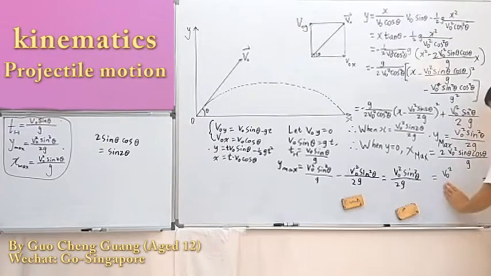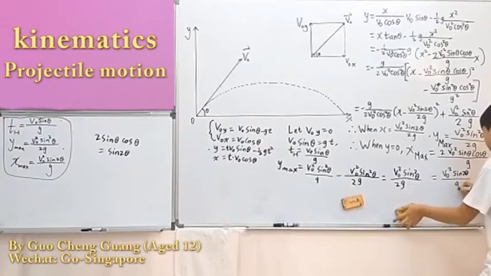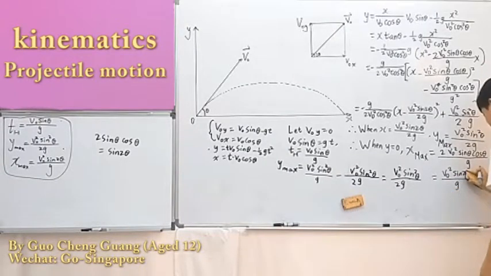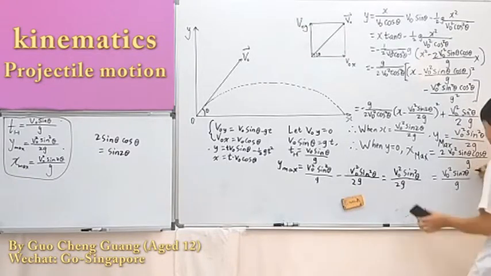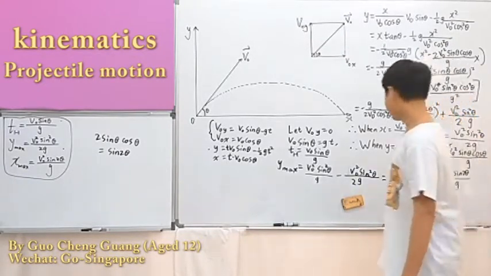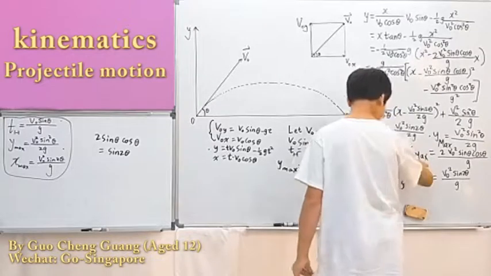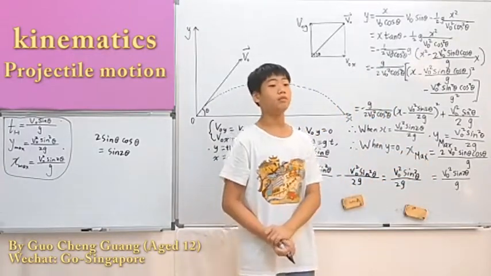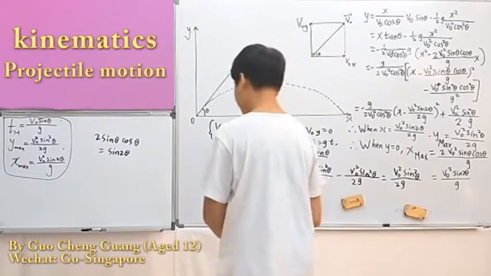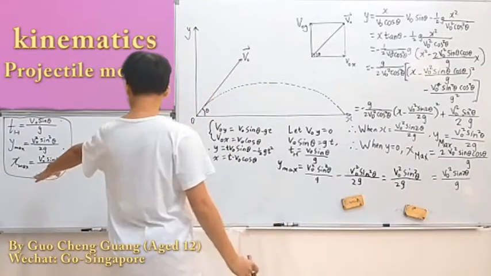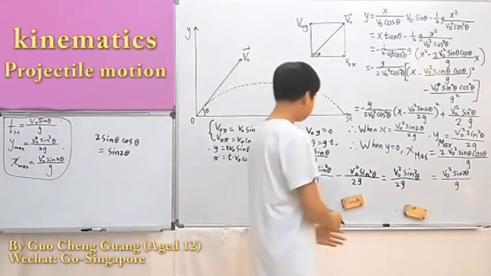Then you get initial velocity square, sine 2 theta, then you over g. This part also looks quite familiar. Do we know anything about it? Well, yes, we have written it here. It is the maximum value for x. And making a quick comparison is actually the same.